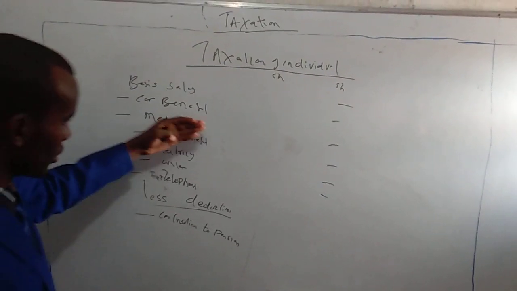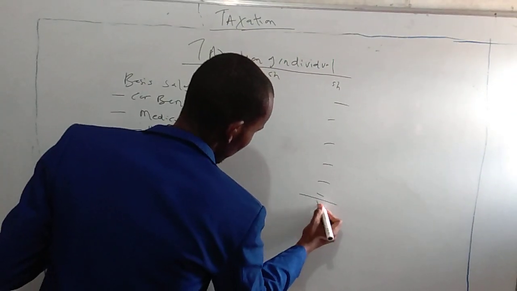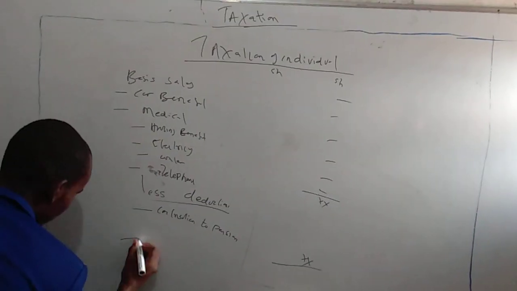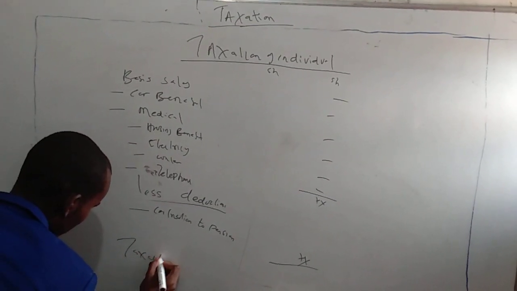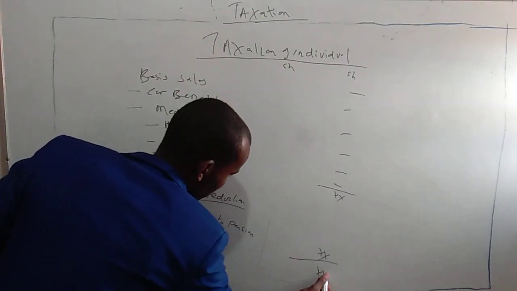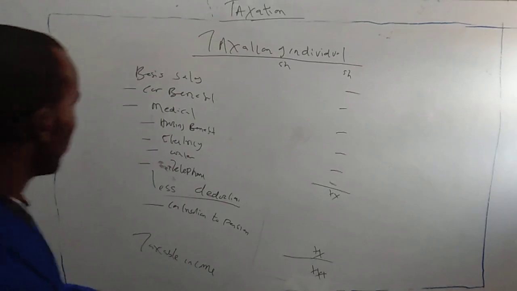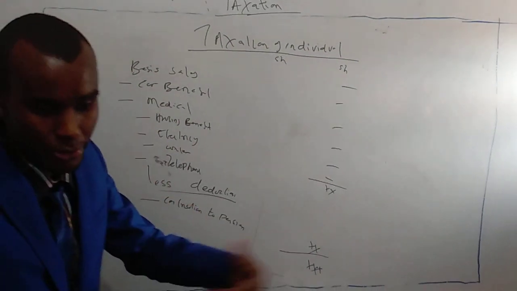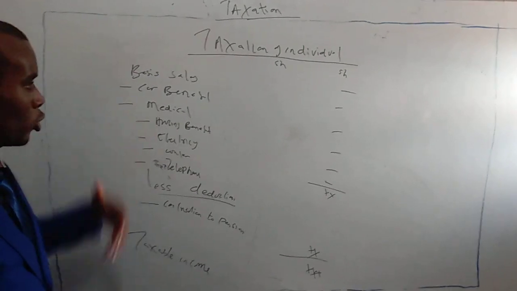Lastly, if you get this amount and you deduct, you get your taxable income. But what you have to know now, under the car benefit and the housing benefit, you normally have some set of rules. That's what I want to look at today.